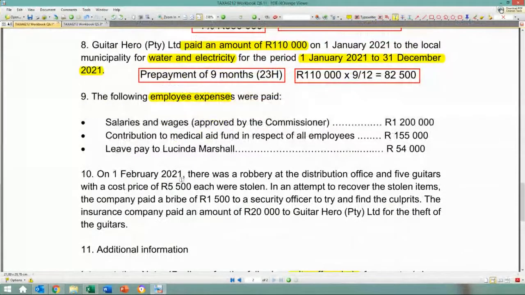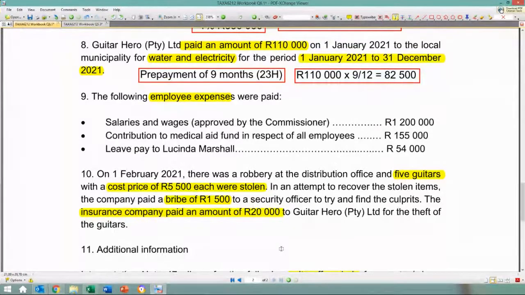Then on the 1st of February, there was a robbery, and 5 guitars were stolen for 5,500 each. In an attempt to recover, the company paid a bribe. So we paid a bribe of 1,500 to try and get the things back. And then our insurance company paid an amount of 20,000.